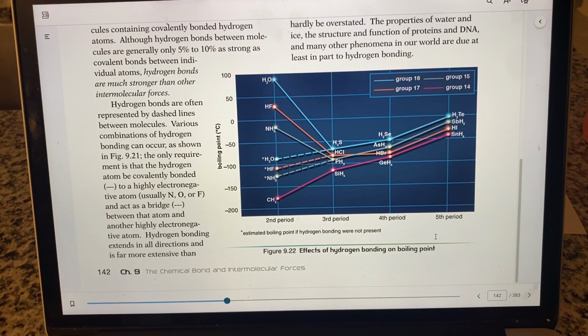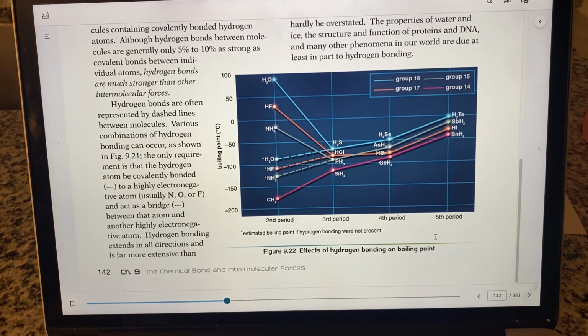You'll see as they combine, group 16 and the other groups here, you'll see the high boiling points. Here they are in the midst, and when they combine with hydrogen, they have a very high boiling point. So you can see when they combine with hydrogen, they're going to have a much greater force, called the hydrogen force, right?